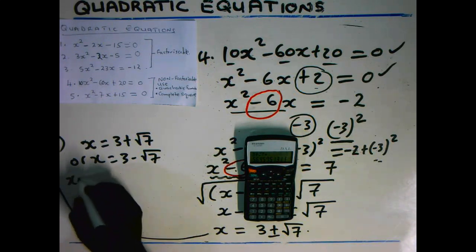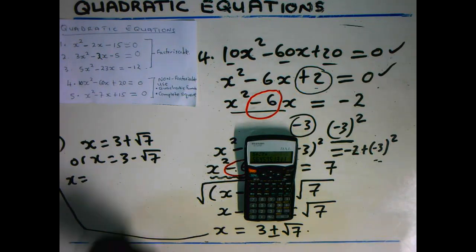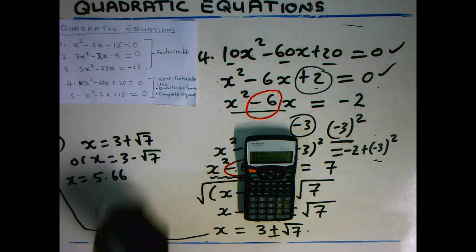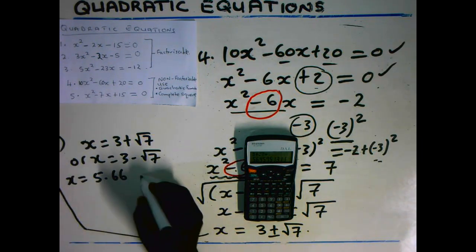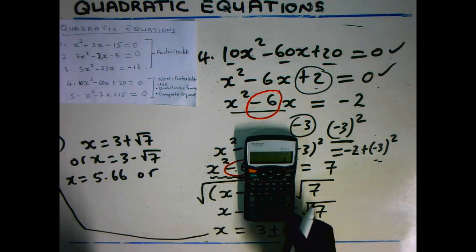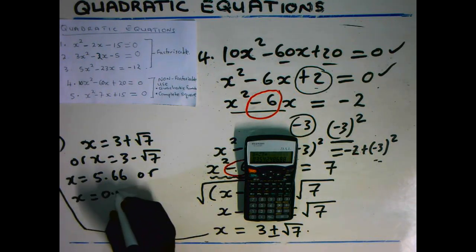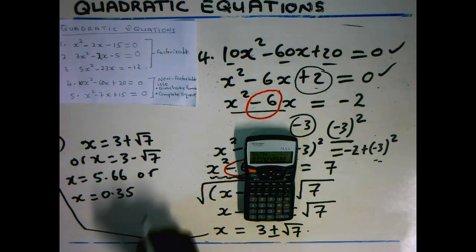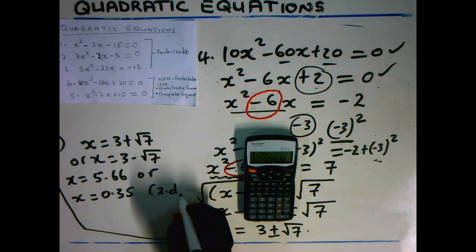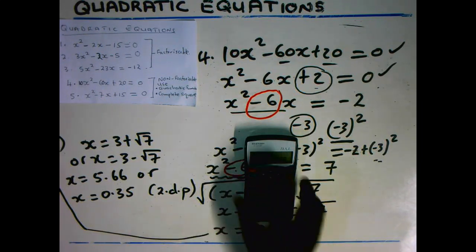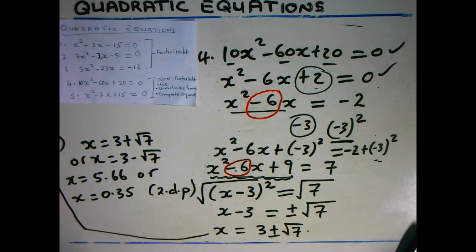So my x is equal to 5.66, giving to 2 decimal places, or 3 minus the square root of 7, x is equal to 0.35. And I can indicate that I'm giving my answers to 2 decimal places. This is how simple it is, completing the square.